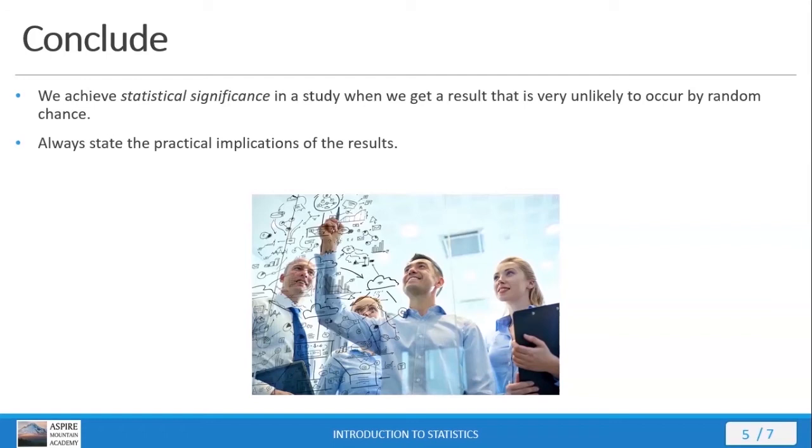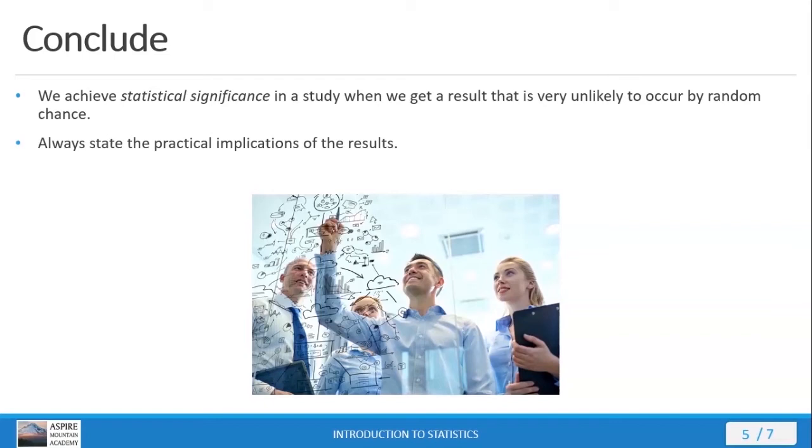Typically, we look for something called statistical significance, because that means our result is very unlikely to occur by random chance. Statistical significance becomes very important if you're trying to establish a relationship or association between two or more different variables.